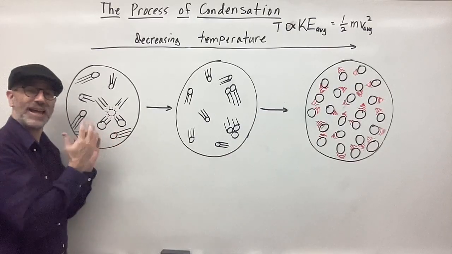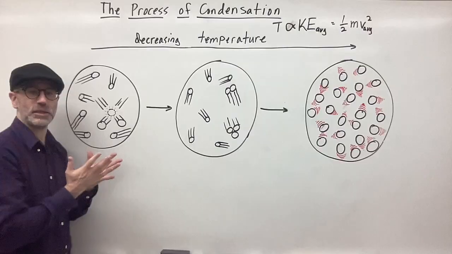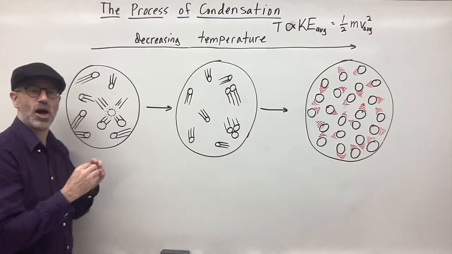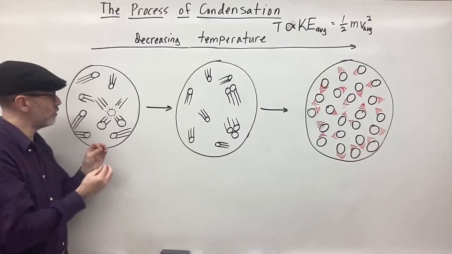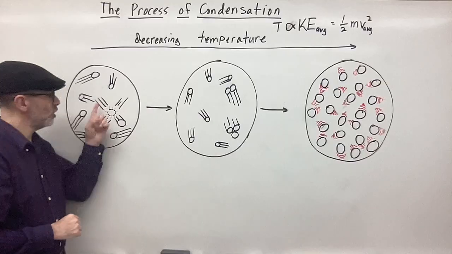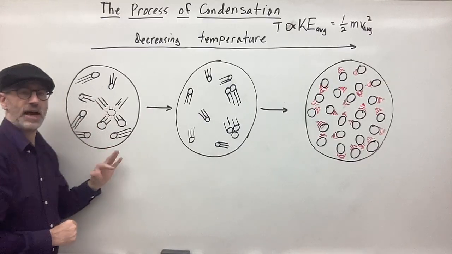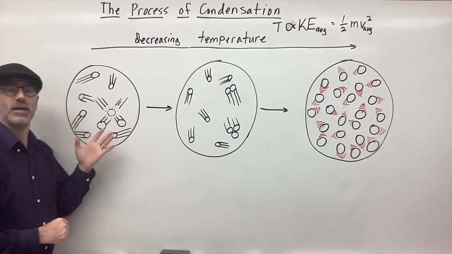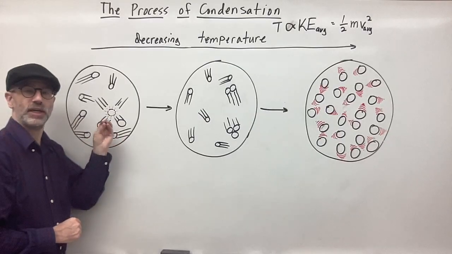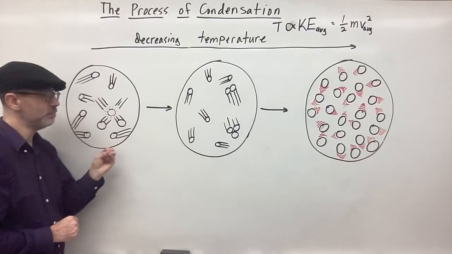So they're going to be elastic collisions. Elastic means that energy is not lost, and they're not going to stick together. They're going to bounce off of each other. They're moving so fast at this temperature that they don't really have the time or the ability to attract each other as much.